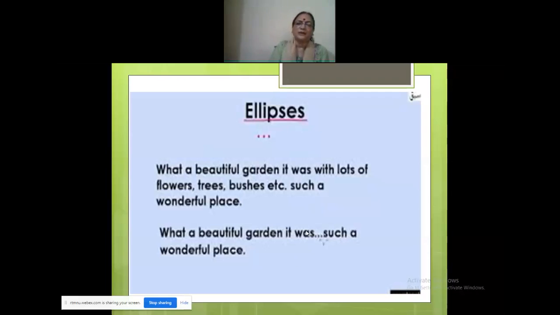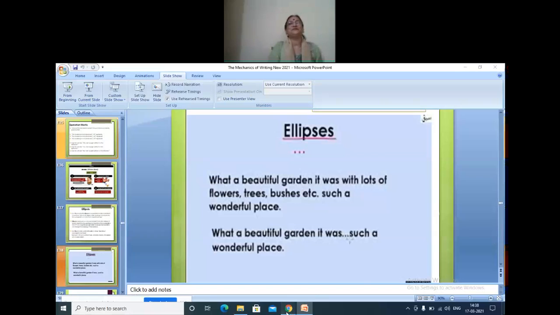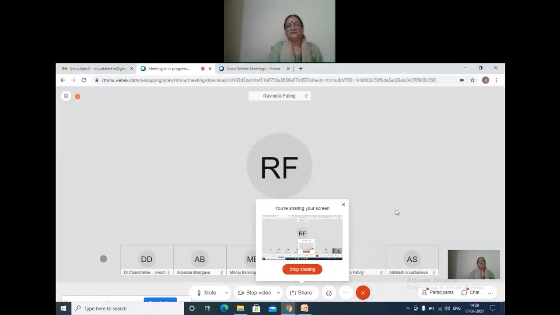So beautiful garden के बाद आपने ये imagination के लिए छोड़ दिया कि beautiful garden means a garden full of flowers, trees, bushes, and in spite of not being written there, your mind can visualize. Everything that we are talking about, actually we comprehend when we can visualize. So if visualization is there, that means the purpose is solved. So if ellipsis is doing the work, then we need not repeat the words.